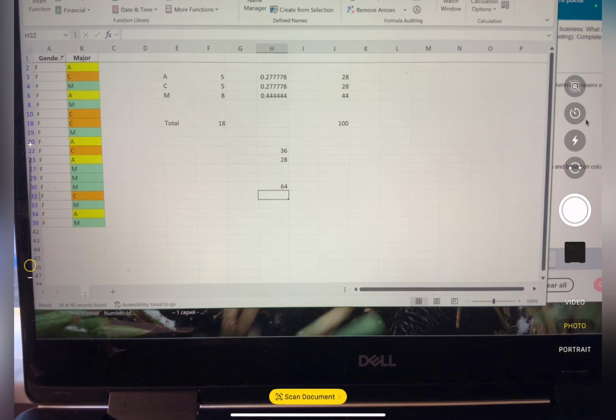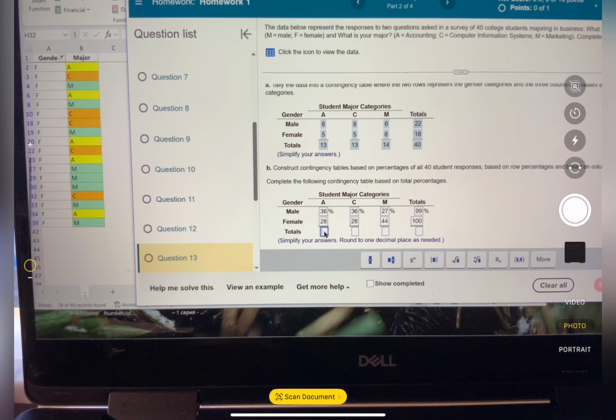So 64, this is going to be 64. Okay, next 36, 28 also going to be 64. This one also going to be 64, and 27, 44.